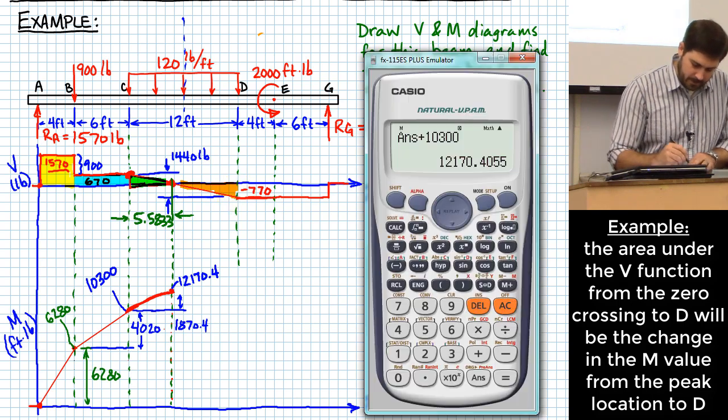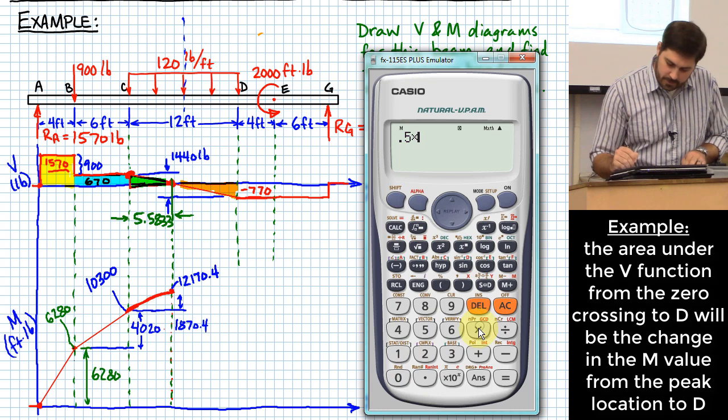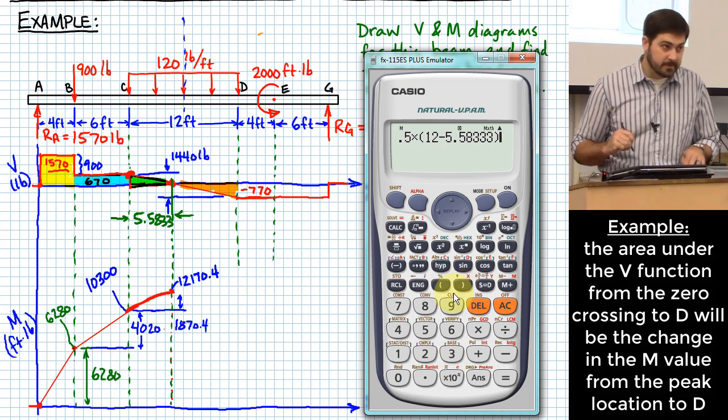So what we need to do there is take 1/2 times the base. What's the base? It's going to be equal to 12 feet minus 5.58333, right? That makes sense?